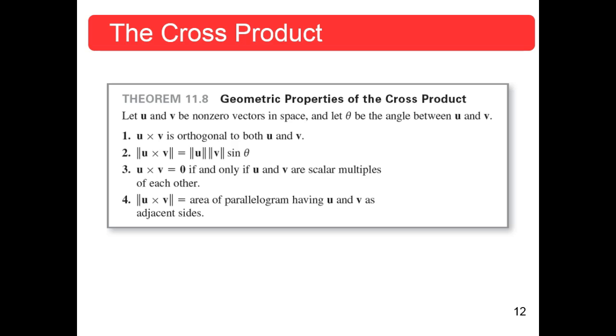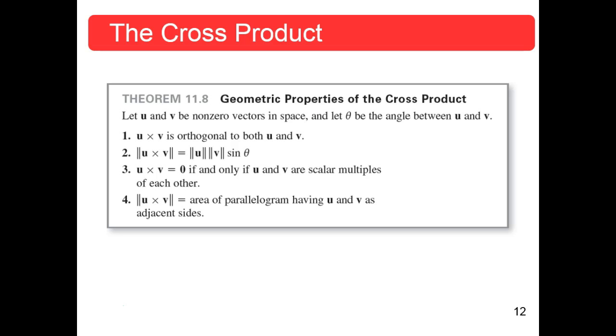Now, remember for your dot product, your U dot V, you didn't need the magnitude on that side because you're already going to have a scalar. It was the magnitude of U times the magnitude of V times the cosine of the angle in between, not the sine.